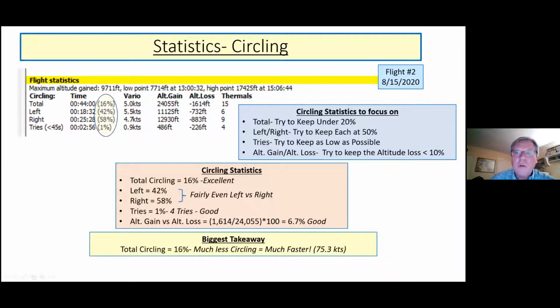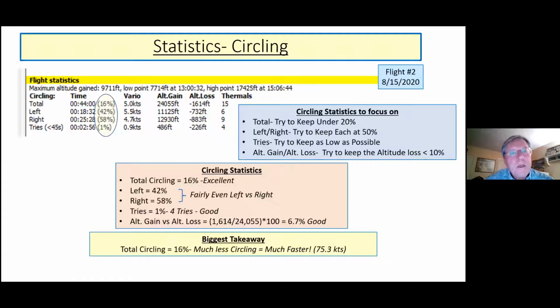Remember, the goal is 20. So did much better there, kept it straight. It was a lot better day too, I might add. Only 15 thermals, and 58% were right, 42% left, so it's pretty even. And I kept the tries down to only 4 tries. So that was also a big improvement.